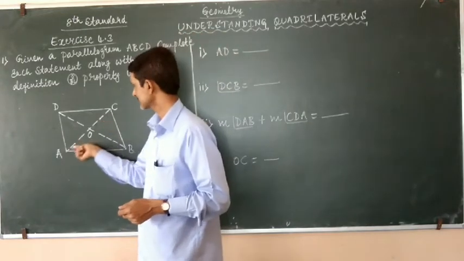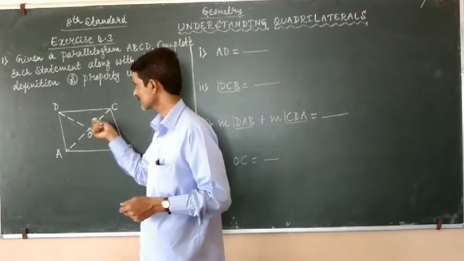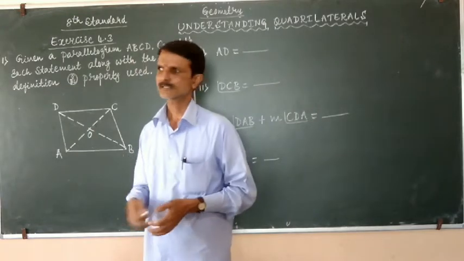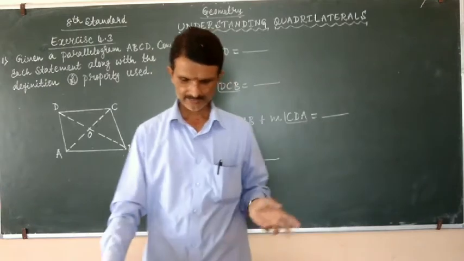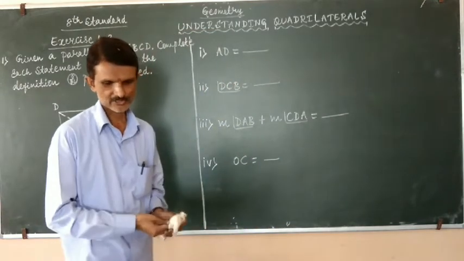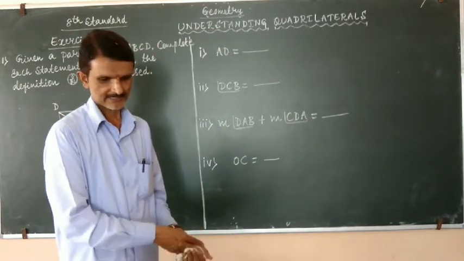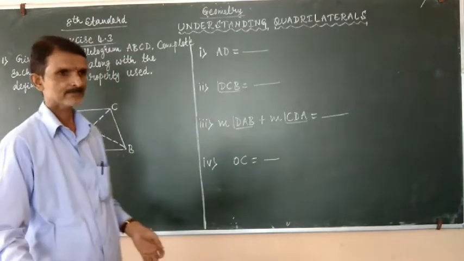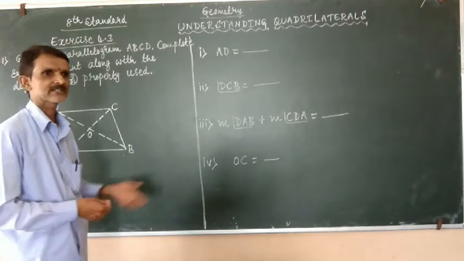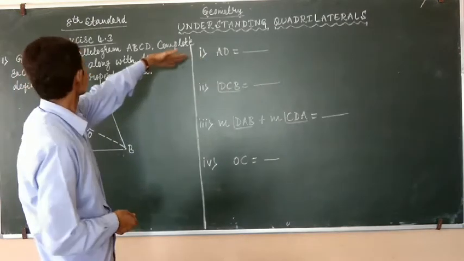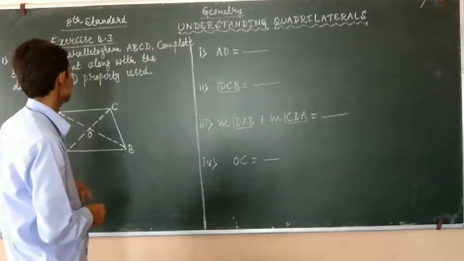The diagonals are not equal, but the diagonals of a parallelogram bisect each other. So by using these properties, we will complete the statements.